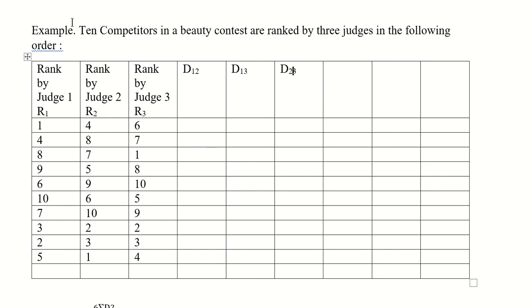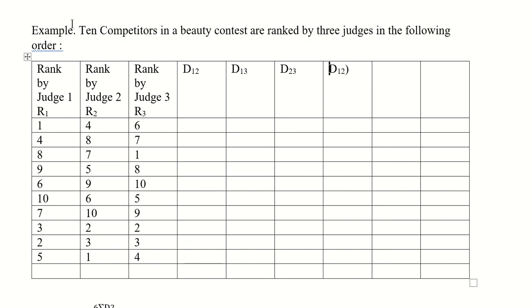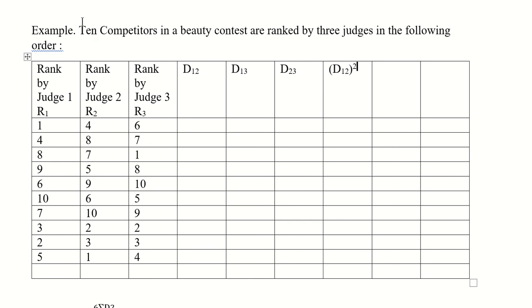D23. These three things I have to calculate. Okay. Then what do I have to do? I have to also calculate its squares also. So how do we do that? D12's square. Like this. D13 square and then D23's square. All these things I need for the question. So first thing I will do D12.